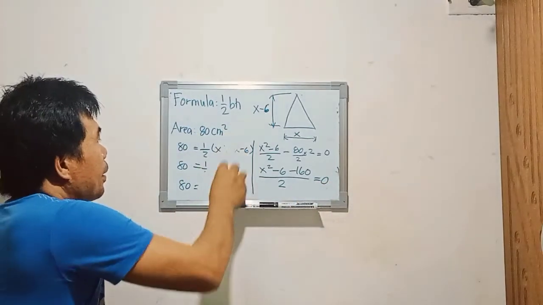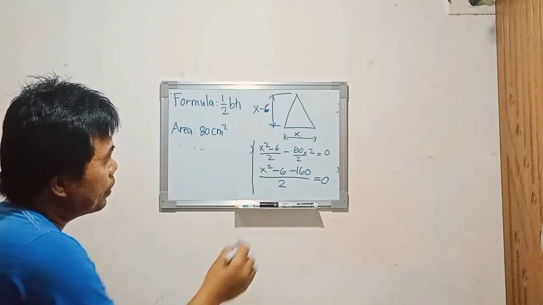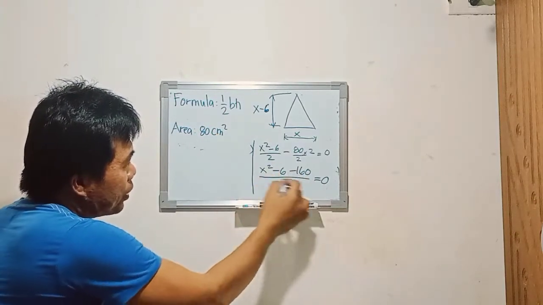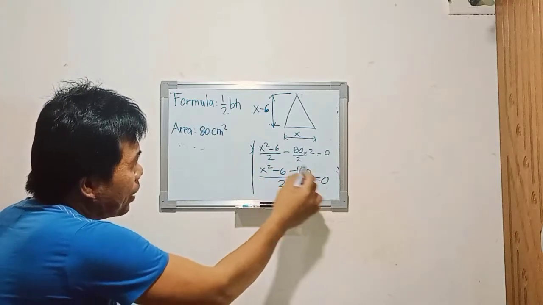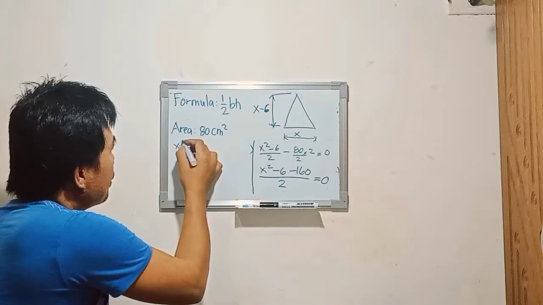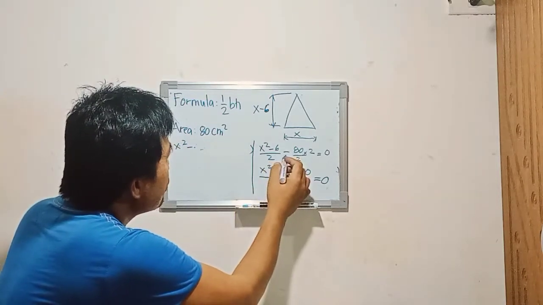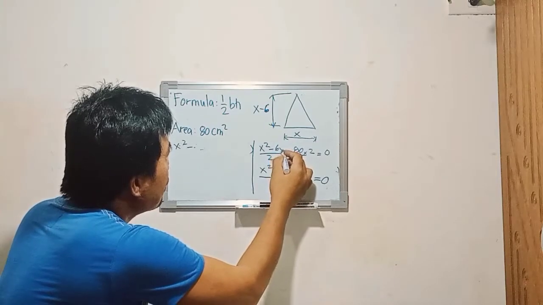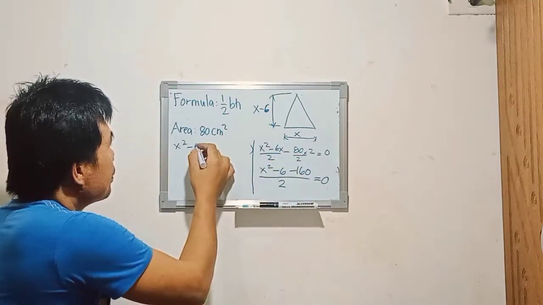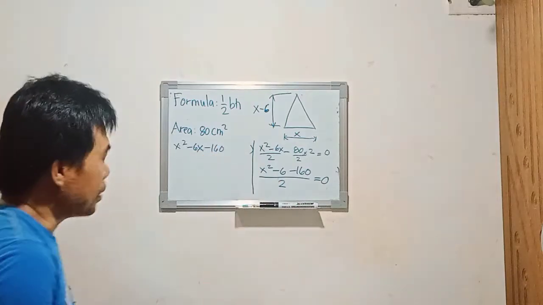Okay, next step. Just focus on the expression above the denominator. Our numerator is x squared minus 6x minus 160.